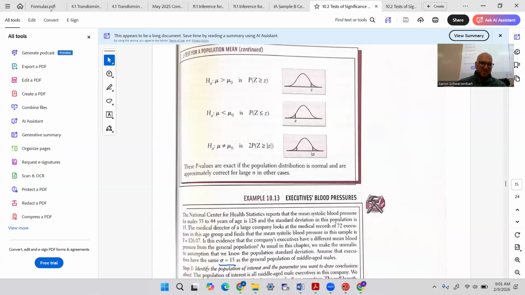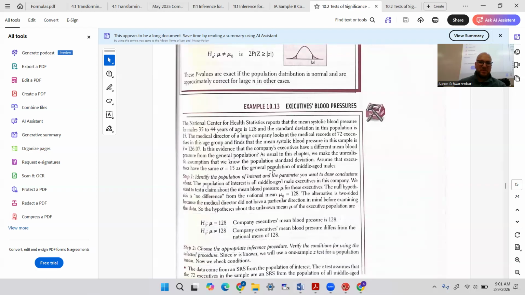So, identifying the population of interest. Step 1. Mu equals 128. We're assuming it's the same as the national average.